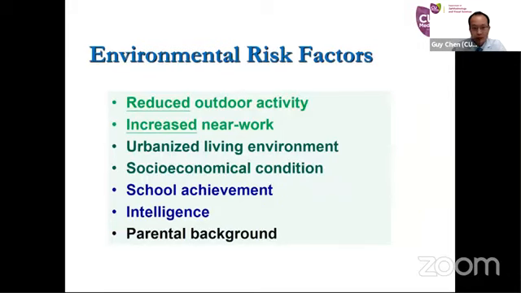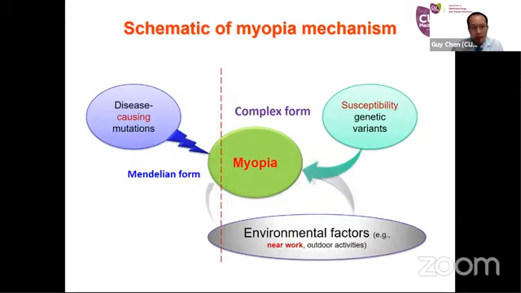Currently, some major environmental risk factors have been identified for myopia, including reduced outdoor activities and increased near work. Also, parental background increases the risk of myopia, suggesting that genetic factors may also play a role. In fact, myopia is a complex disease resulting from the interaction of multiple genetic and environmental risk factors.